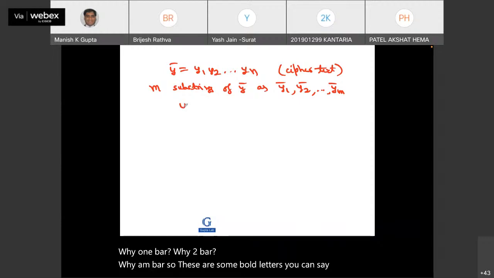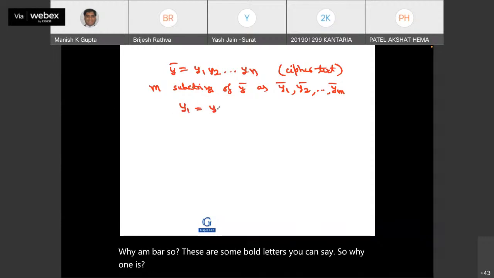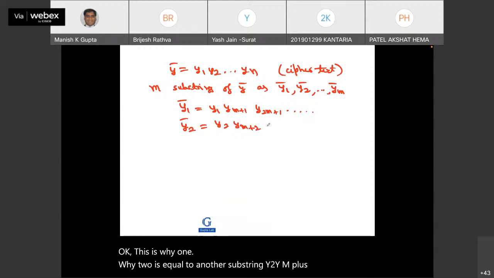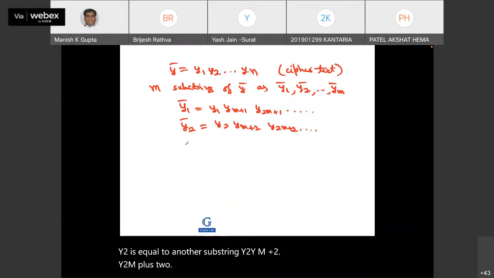So y1 bar is y1, ym+1, y2m+1, and so on. Y2 bar is y2, ym+2, y2m+2, and so on.